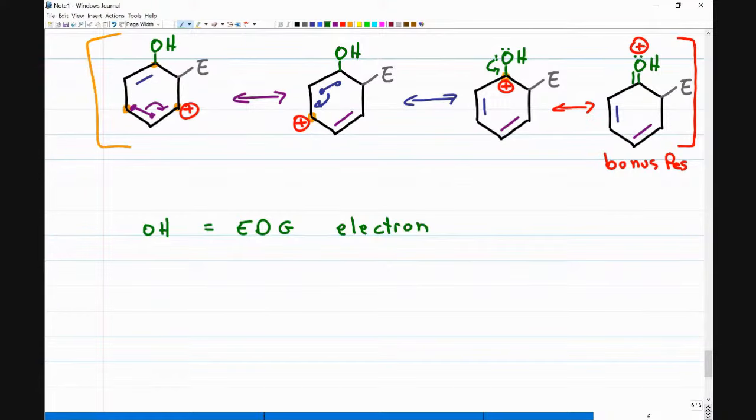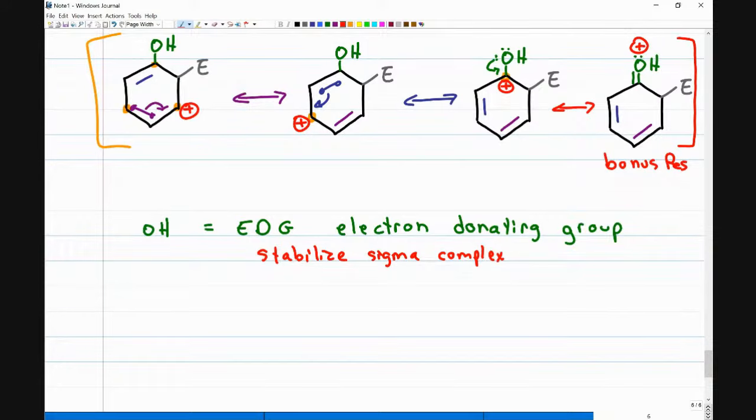What does that mean? An electron donating group is one that donates electrons or electronegativity. It doesn't actually have to have resonance. It donates electronegativity into the ring, and therefore it will stabilize the intermediate. It'll stabilize the sigma complex because we know the sigma complex is positive.